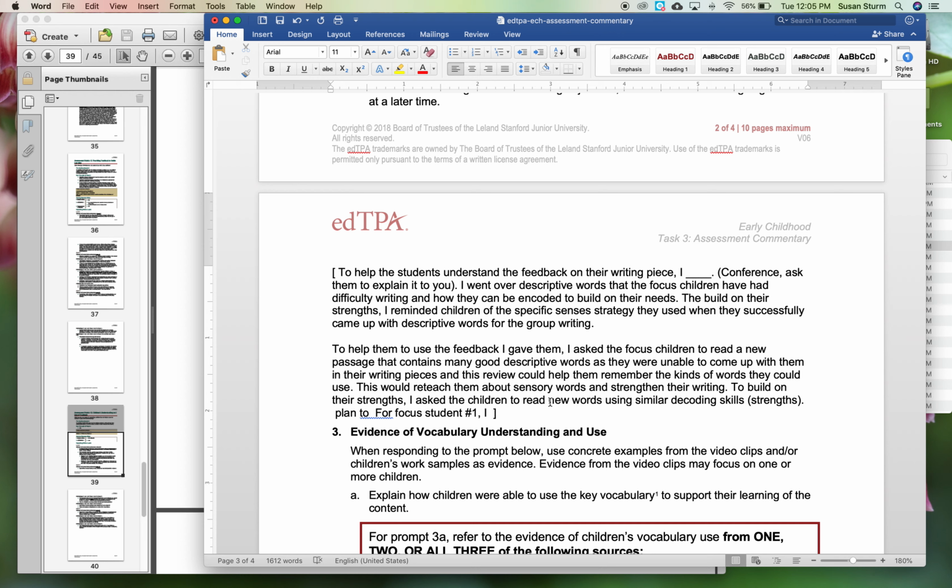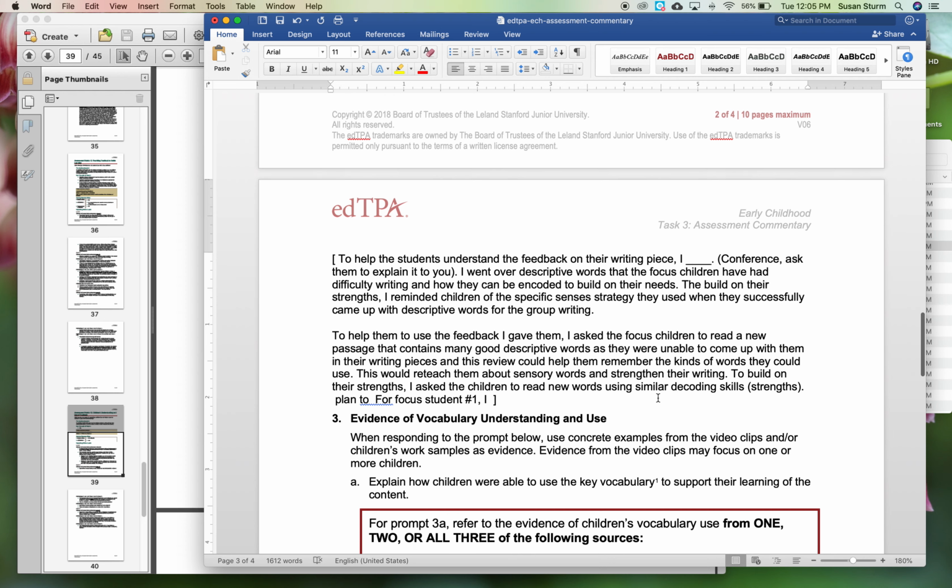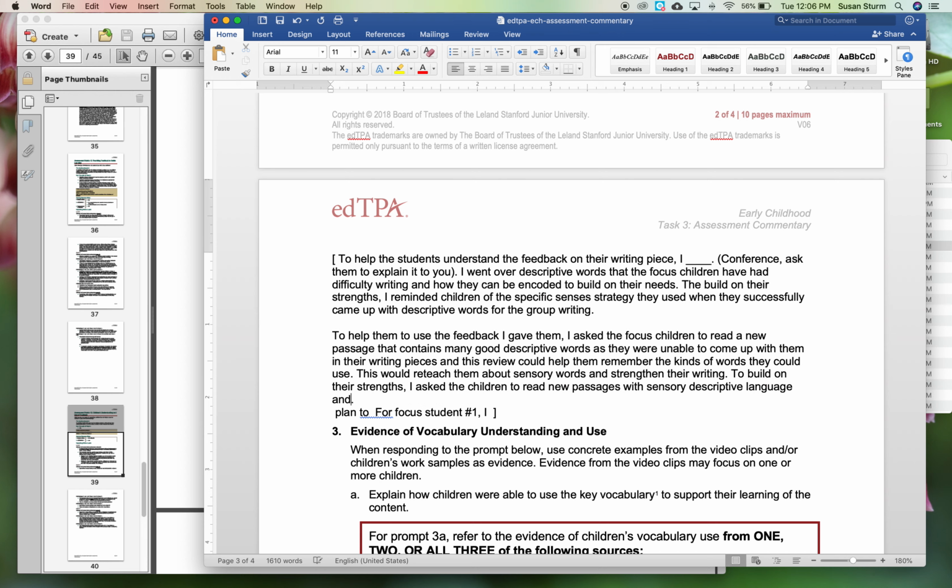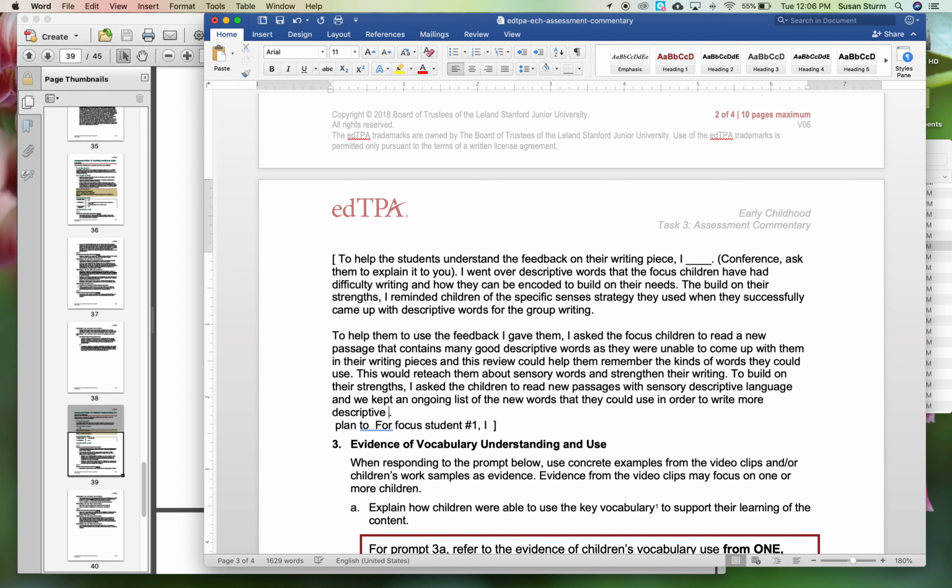I asked the children to read new passages with sensory descriptive language, and we kept an ongoing list of the new words that they could use in order to write more descriptive pieces.